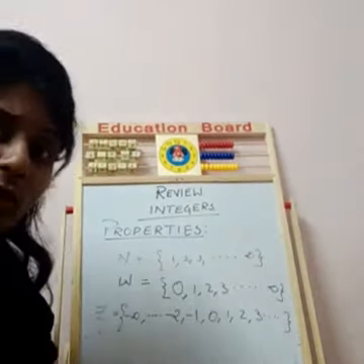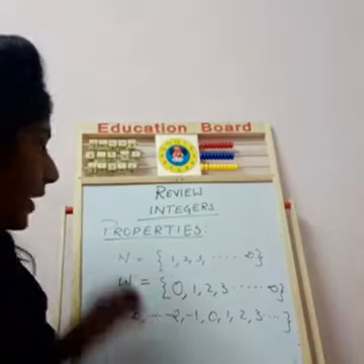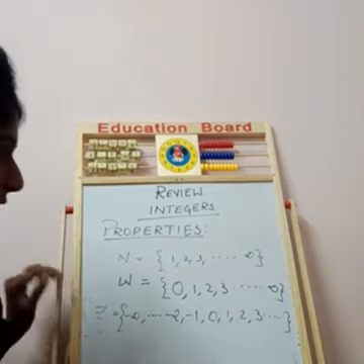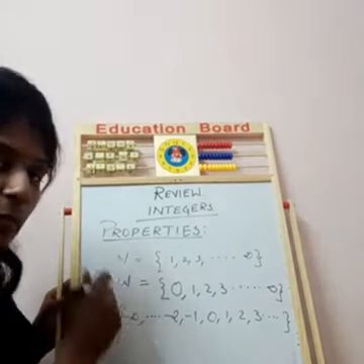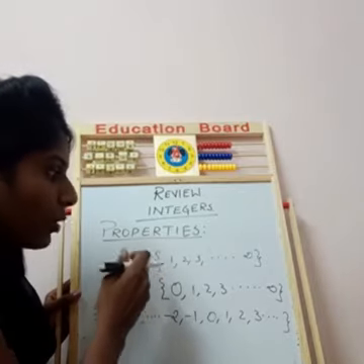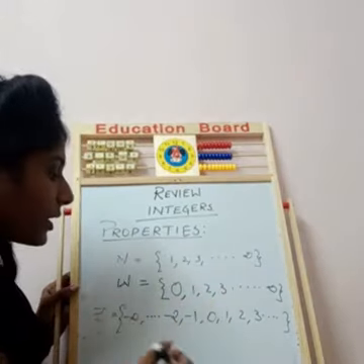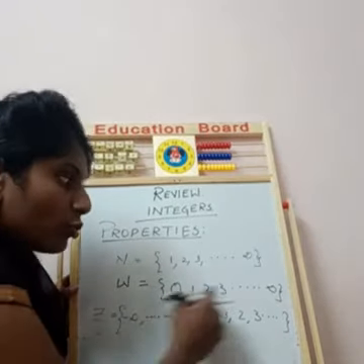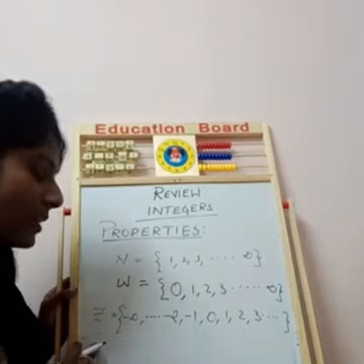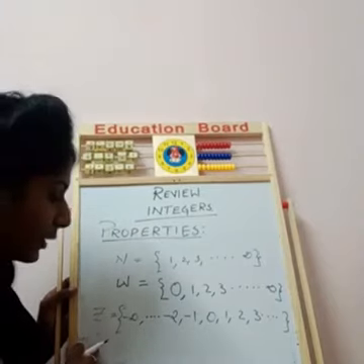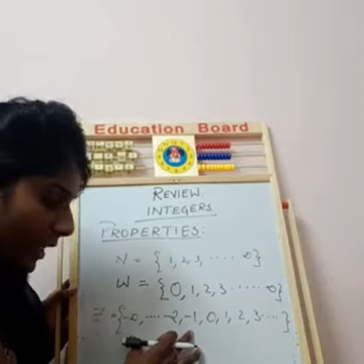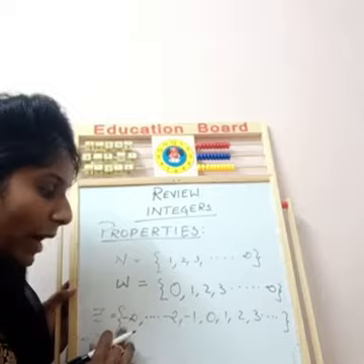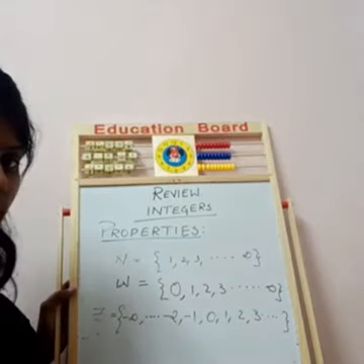All of you know about the different sets of numbers. First are natural numbers, whole numbers and integers. Natural numbers is a number set that includes 1 to infinity. Whole numbers is the set of numbers that includes 0 to infinity. And integers is the set of numbers including the negative numbers and positive numbers along with 0, that is minus infinity to plus infinity.